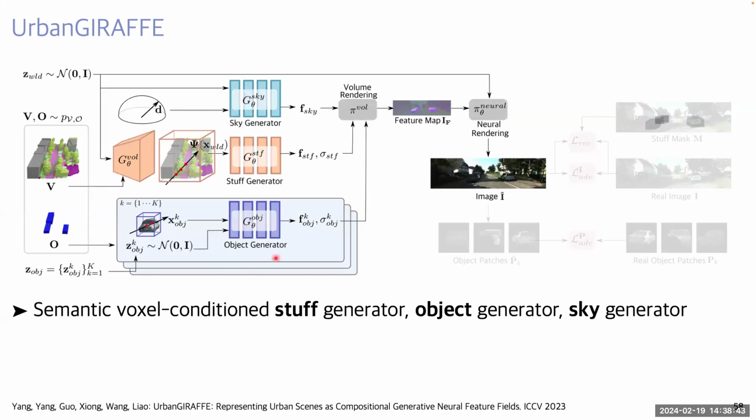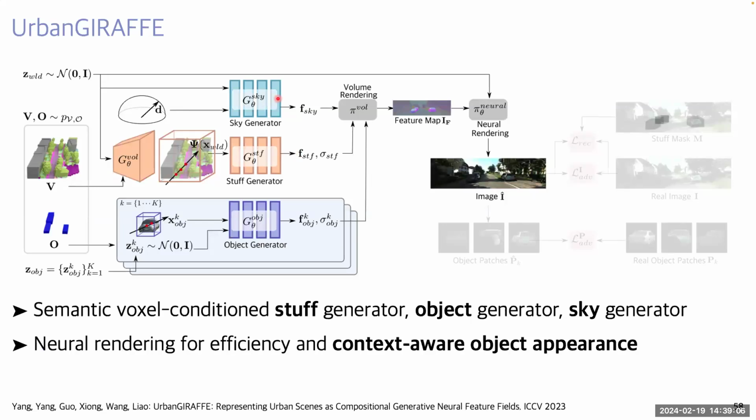The objects are generated similar to GIRAFFE, in the canonical space. The stuff generator is a 3D convolutional neural network that's conditioned on the semantic voxel grid. And the sky generator is simply a 2D generator that generates the sky infinitely far away.